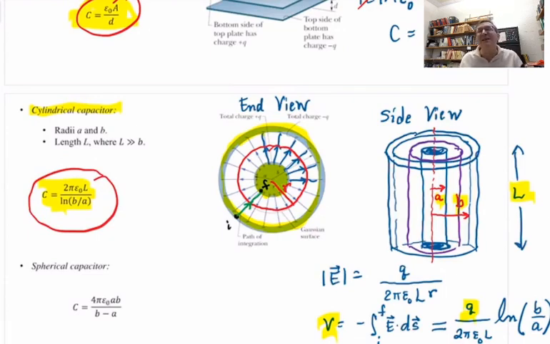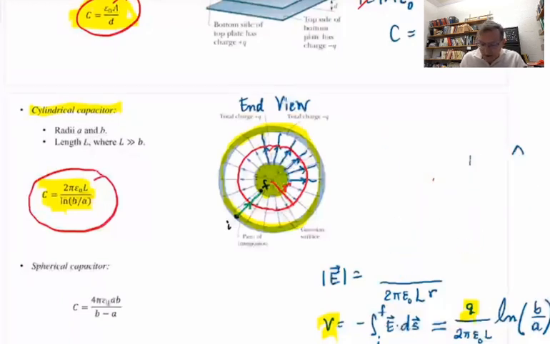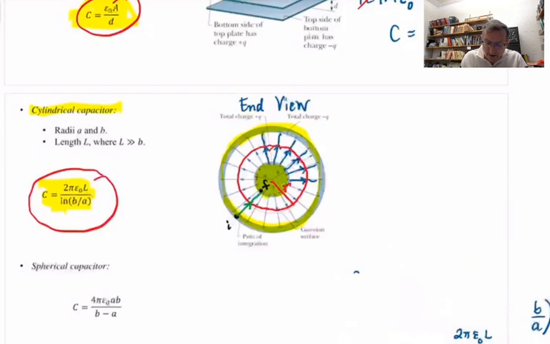Now, the last case is not going to be that common, except in textbooks. But it's a nice handy geometry and it's easy to do. It's called the spherical capacitor. And then what you've got is, well, you just take away this picture. But you can use this same view here because it looks like also a sphere inside a spherical shell.